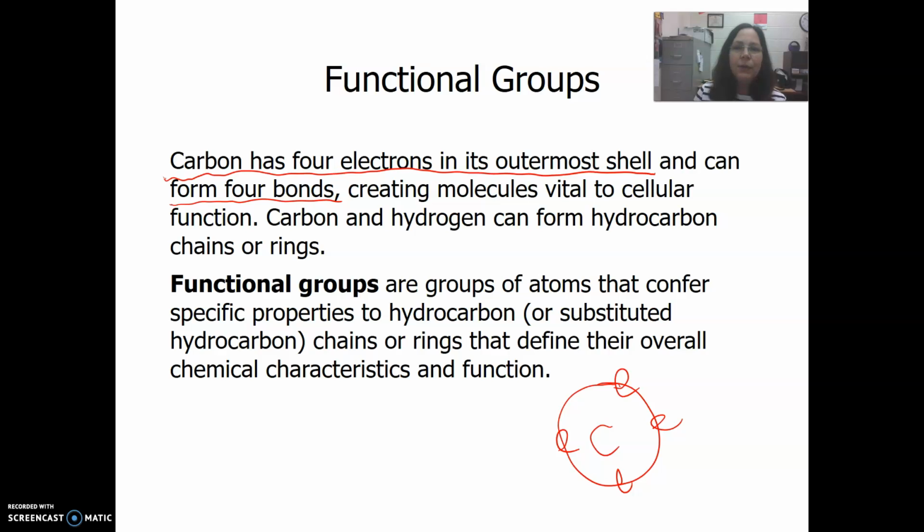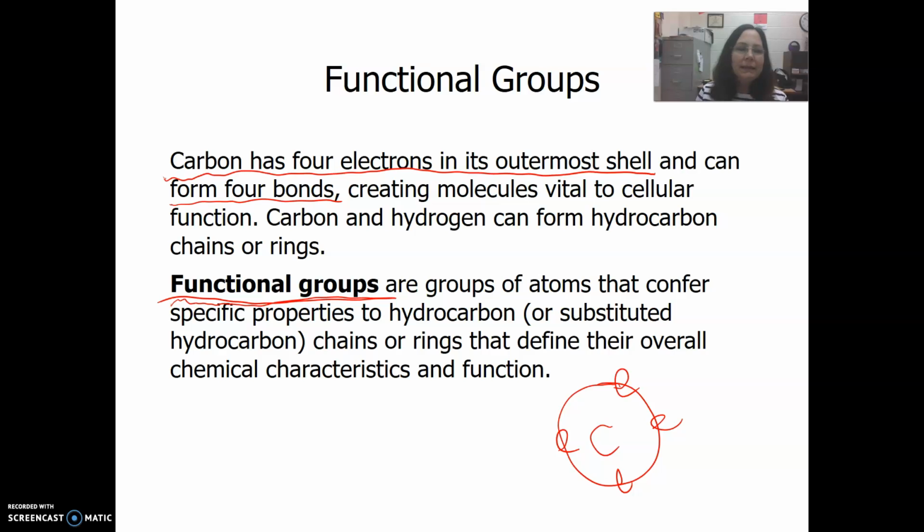Okay? So there are groups of chemicals that we call functional groups, and you'll need to recognize them. You can see these chemical groups and they will kind of define the characteristics of that molecule.